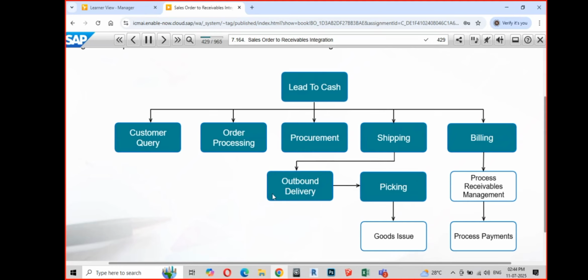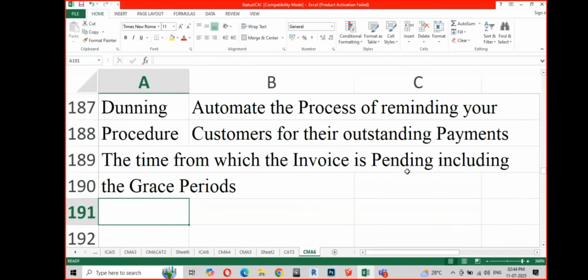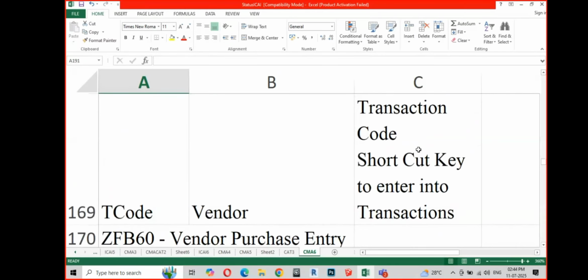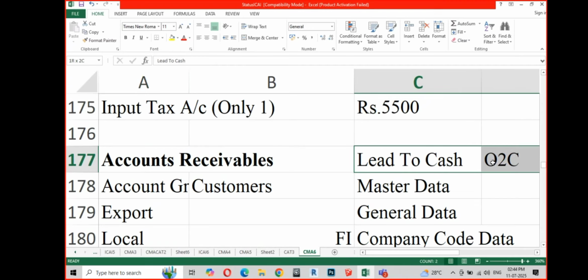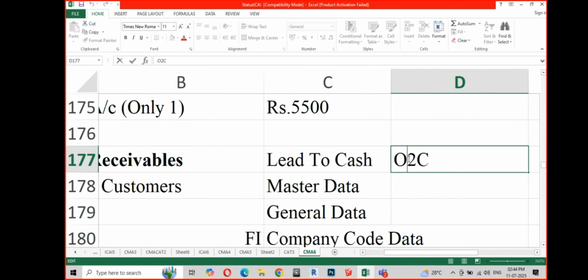So your lead to cash is nothing but your FI and sales and distribution module integration, which earlier in the ECC we used to call the order to cash, O2C. I think I have already made note of that. Lead to cash. Earlier it was order to cash. It was O2C.